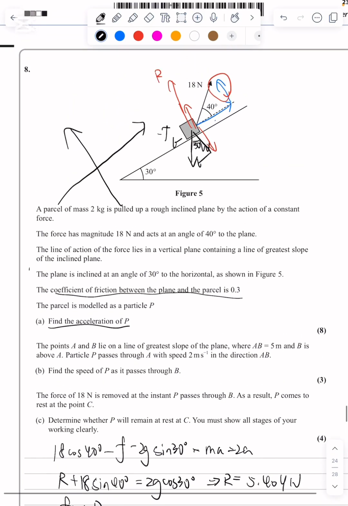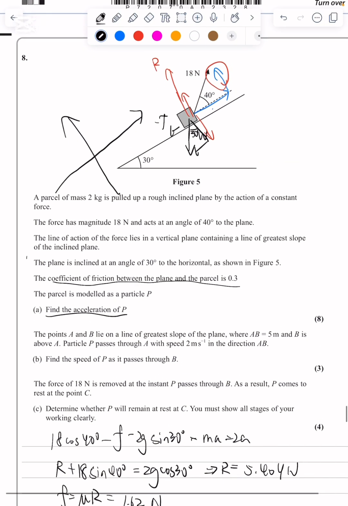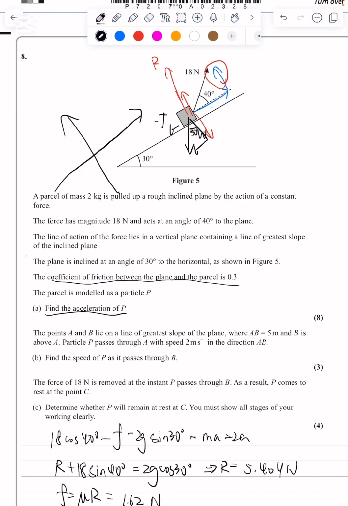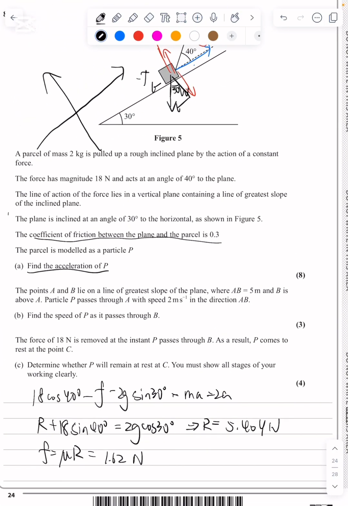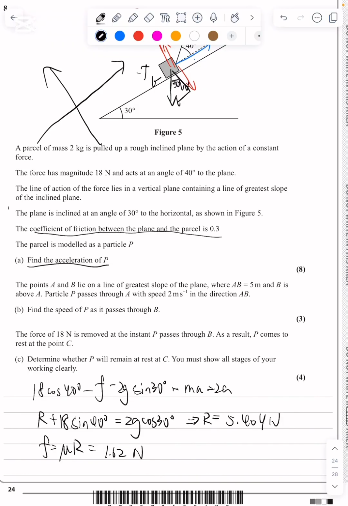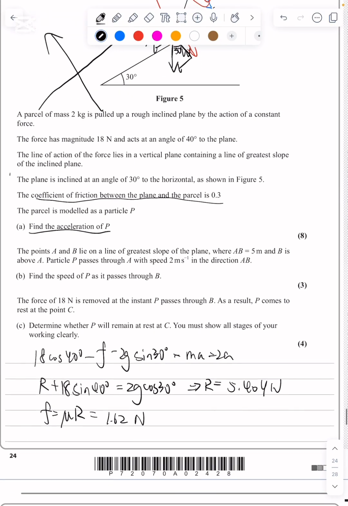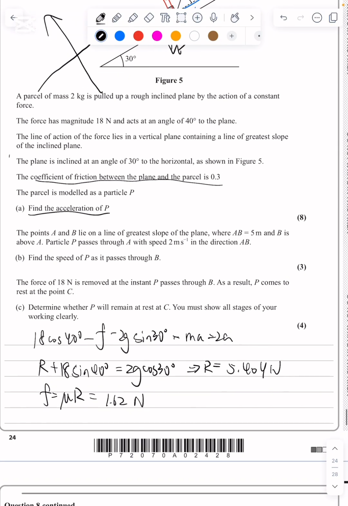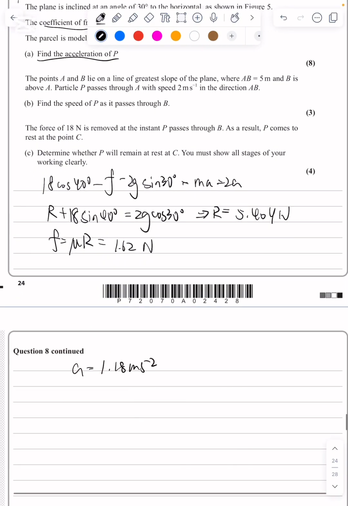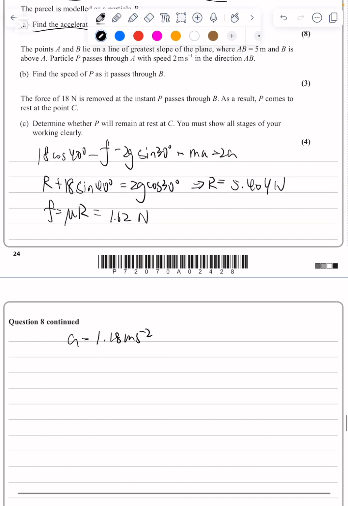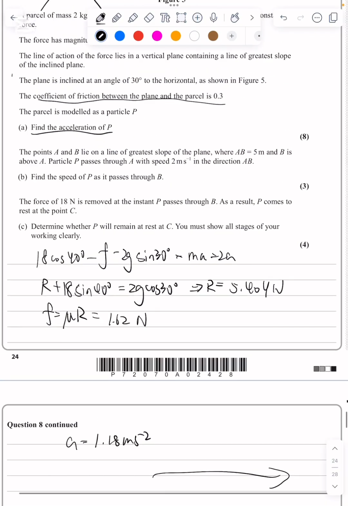Okay. Find the speed of P as it passes through B. So this is just a SUVAT equation. We don't have to think about it in that scenario.